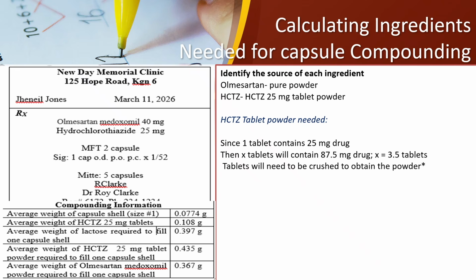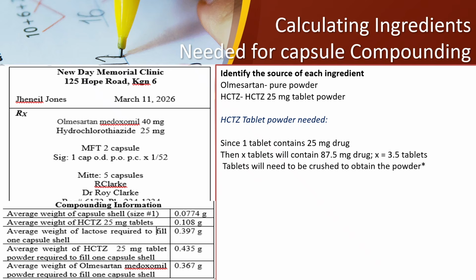Specifically, hydrochlorothiazide 25 milligram tablet powder. So you're going to get the tablets and crush them to make the powder. We need to determine how many tablets will furnish the 87.5 milligrams of hydrochlorothiazide that we need.